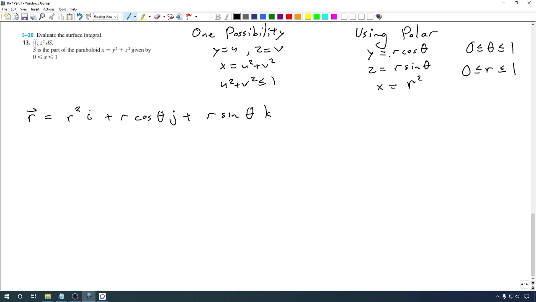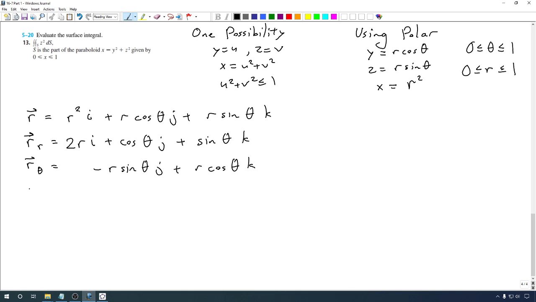This is these written out in coordinates. R sub r, different r's here. We're taking the derivative with respect to r. That gives us a 2r there for the i, a cosine theta times j, and a sine theta times k. And r sub theta, well, there's no r squared term, so that's 0. Here we get a negative sign, but we have an r, so a negative r sine. And here we have an r cosine.